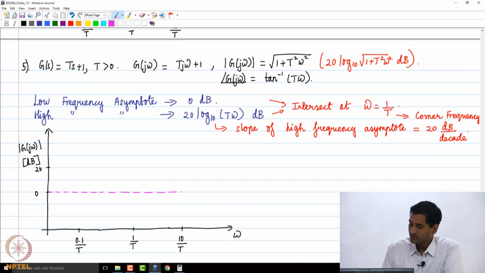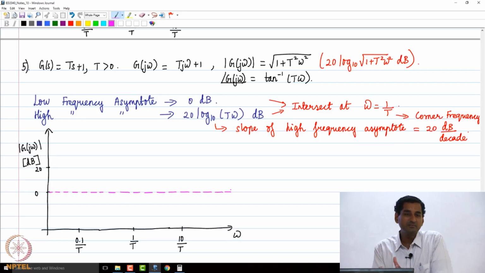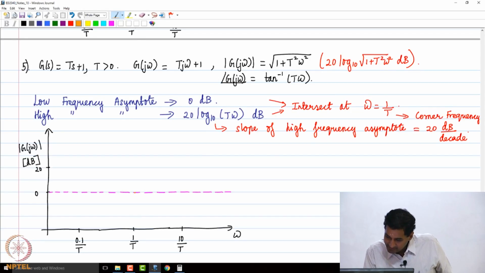So how do I draw the high frequency asymptote? Please note that this is just an illustration. The low frequency asymptote makes sense only at low frequencies, obviously. So how do I draw the high frequency asymptote? At 1 by T it is 0, and at 10 by T it's going to be 20 decibels.